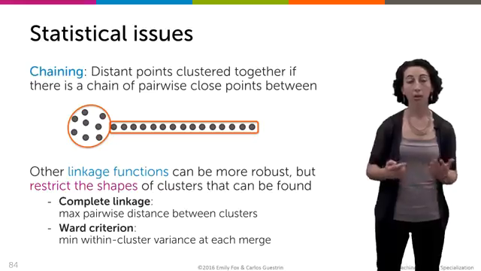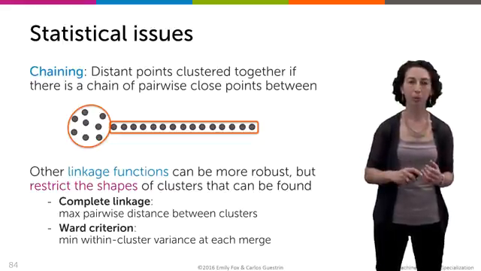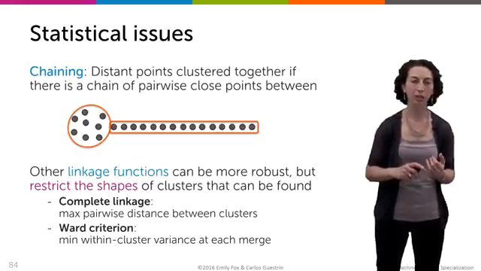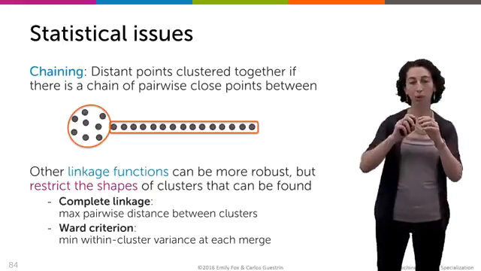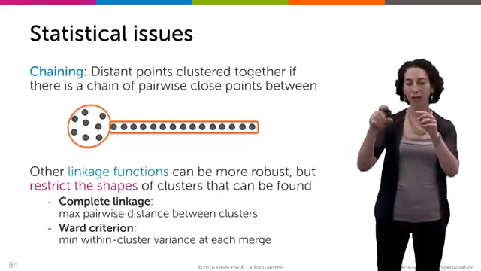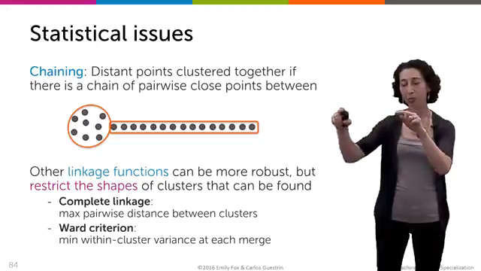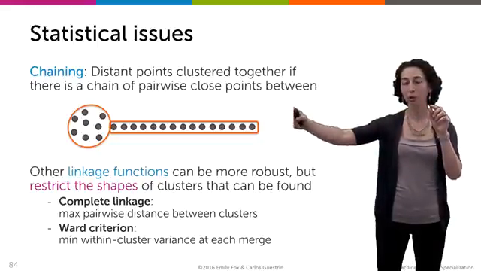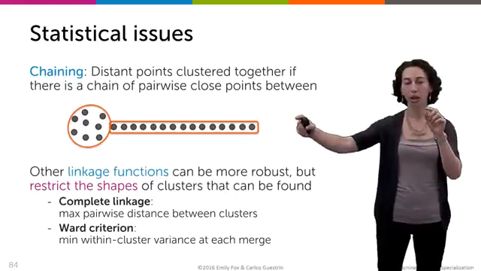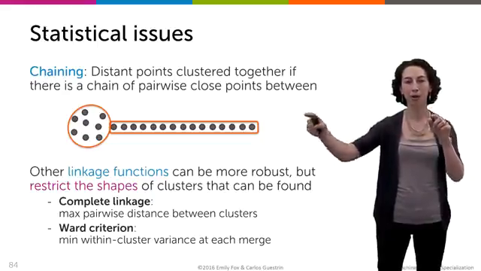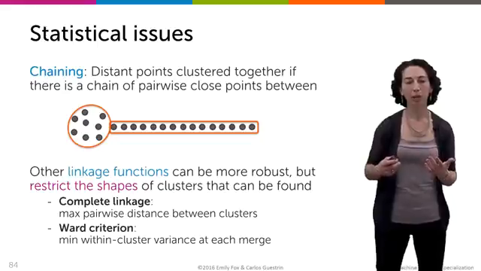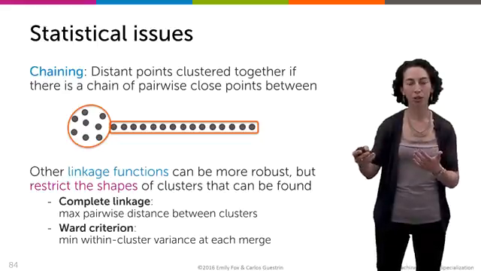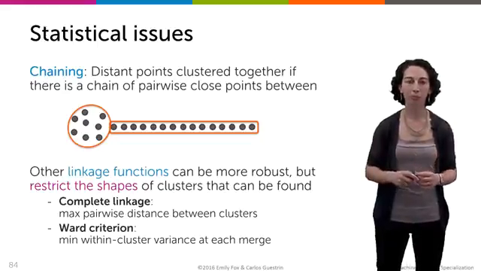There are other considerations based off of the structure of your data too. So for example, one thing that can happen in single linkage is something called chaining, where you can have a sequence of points where the individual distances between points is really small, and so the points end up getting merged. But if you look at the resulting cluster, you can have members that are very, very far away. And in a lot of applications, having this type of cluster might not be desirable.